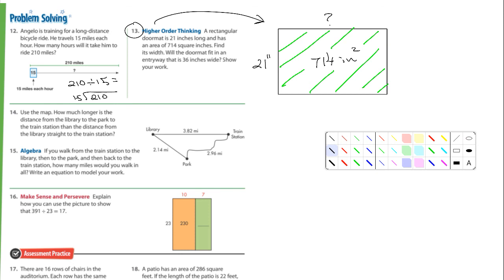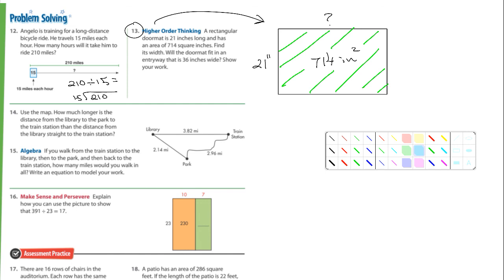All right, 14. Use the map. How much longer is the distance from the library to the park, to the train station, than the distance from the library straight to this train station? So I'm going to highlight here.